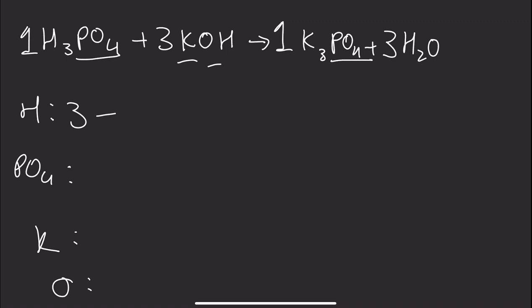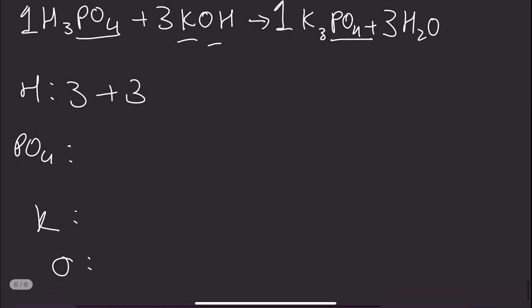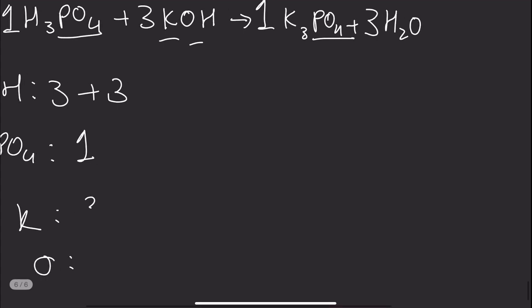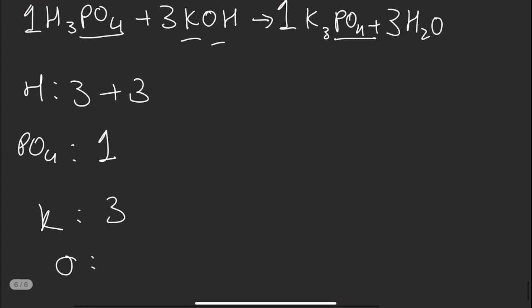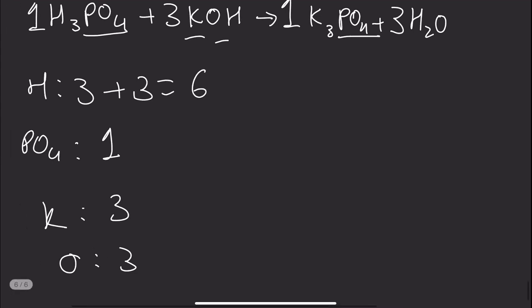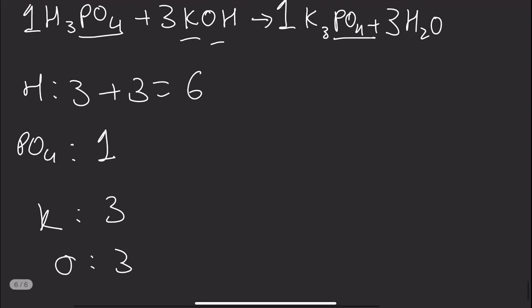So H is 3 plus 3 times 1, so 6. And then 1 times PO4, so 1. Then K, 3 times K, so that's 3 K's. Then O, that's 3 O's. So on the left there's 6 H, 1 PO4, 3 K, and 3 O. Let's go to the right side.